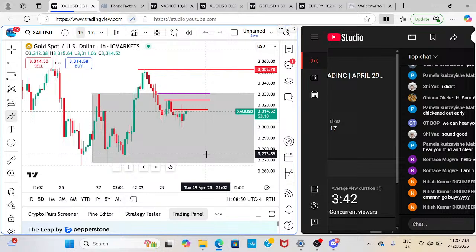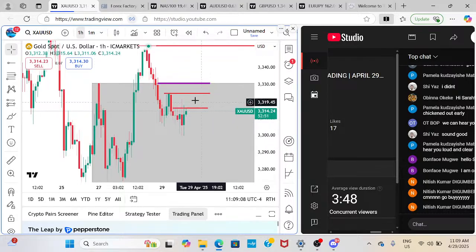Okay, so I'm targeting 3,275, 70 as the next target. I believe this is where gold should drop down to. I believe it's going to sell off as long as we don't break this current resistance here.